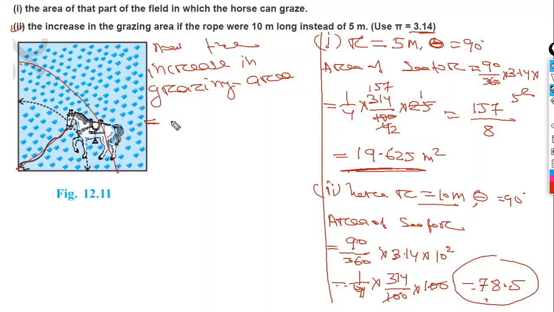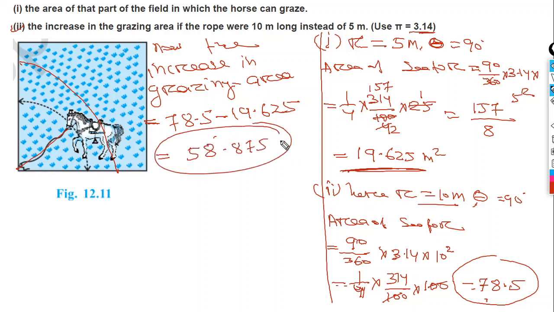So it will be equal to 78.5 minus 19.625. Then after subtraction you can get 58.875 meter square. So this is the increased area in the case of (ii). Now we'll move to the next question.